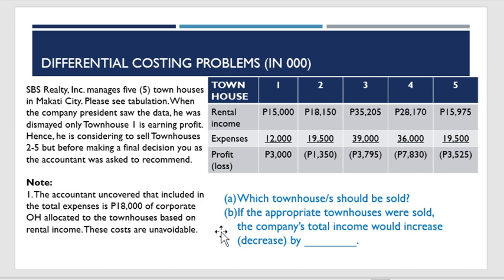These costs are unavoidable. So for item A, which townhouse should be sold?